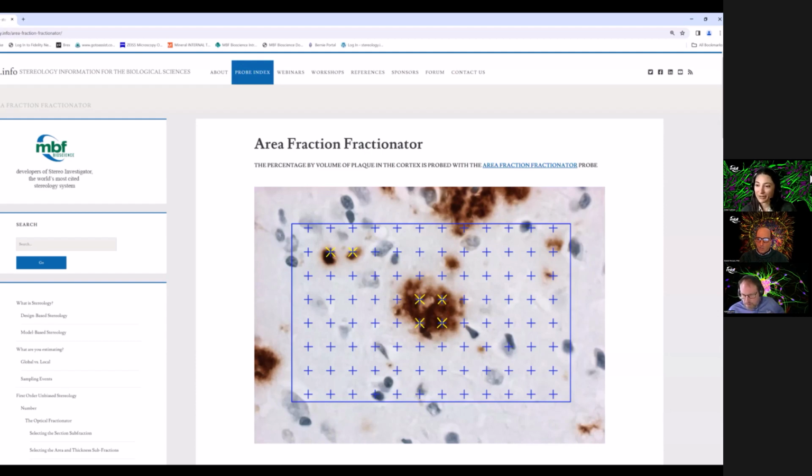Yes, so far we have algorithms trained to automatically quantify cells while still adhering to the stereology rules for a few different labels, including DAPI, NeuN, and IBA1.